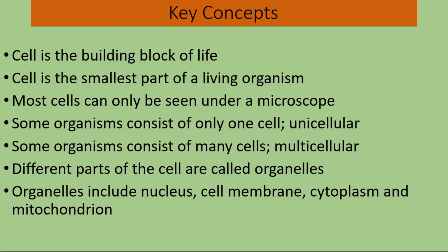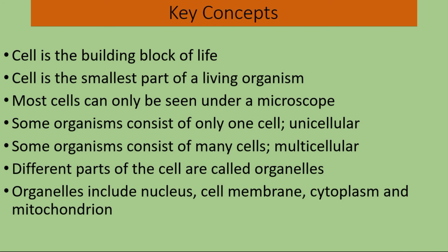So today, we learned that the cell is the building block of life. It is the smallest part of a living organism. Most cells can only be seen under a microscope, and only very few are visible to the naked eye.